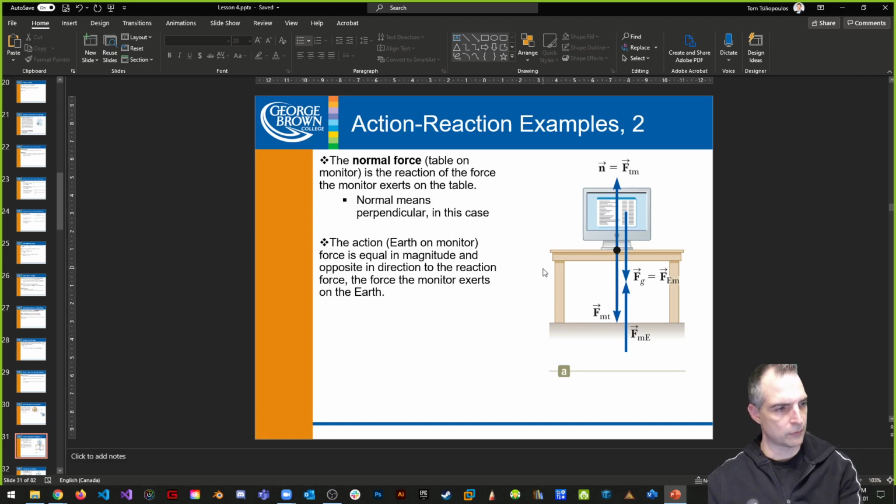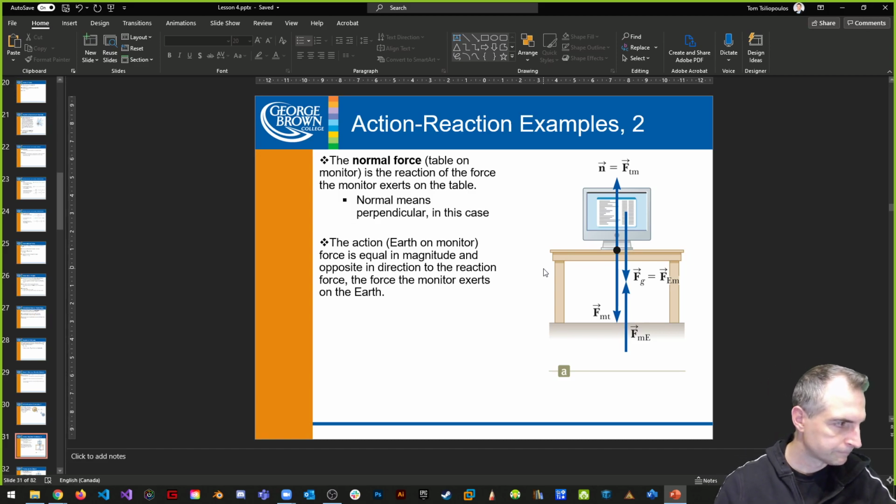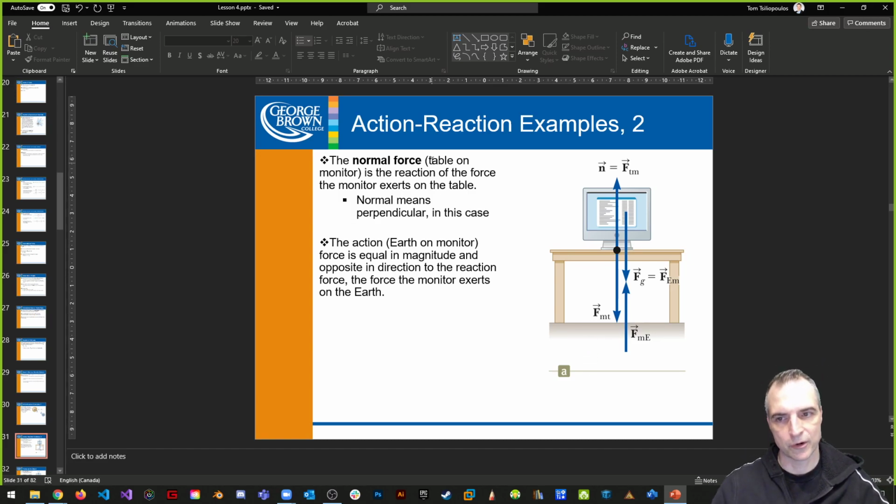If it wasn't true, if the force of gravity was greater than what the table could sustain, the monitor would fall through the table, or the table would collapse. But that's not the case in this picture. The monitor is being supported by the table, which means the normal force on the monitor is equal to the force of gravity. Okay? So we're going to talk about normal force later on too.